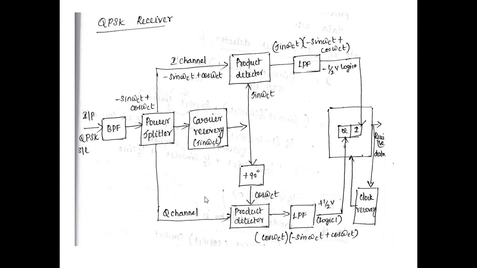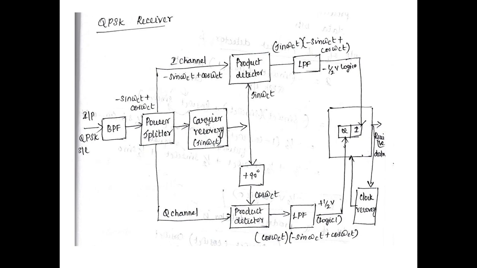On the receiver side, the QPSK signal comes in, then again a band pass filter, then the power splitter. Assume the signal comes in the form of minus sin ωct plus cos ωct, so it goes to the in-phase and quadrature phase paths. Here is carrier recovery, sin ωct, because the same sin ωct is used at the receiver that is used at the transmitter side.